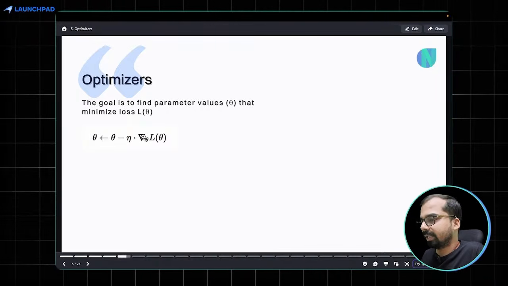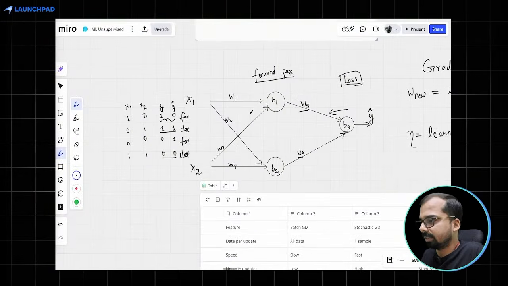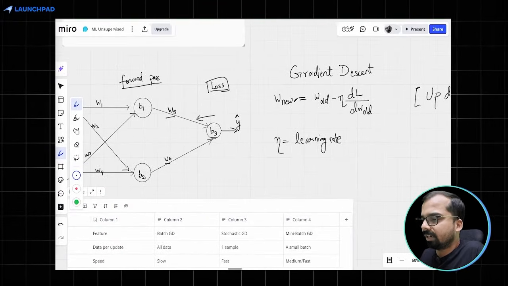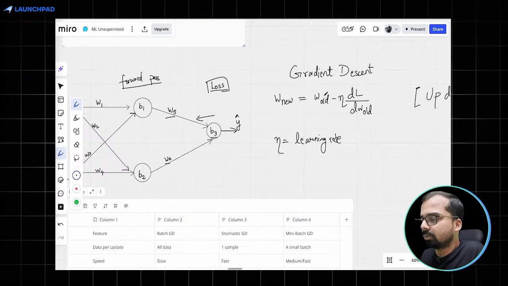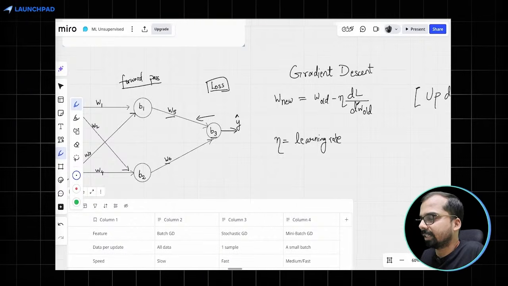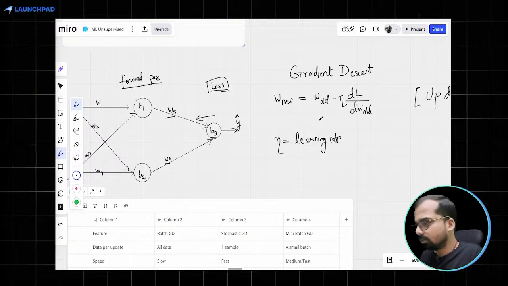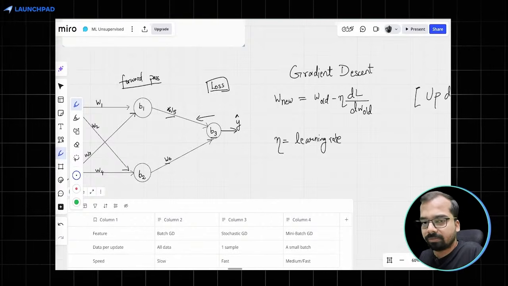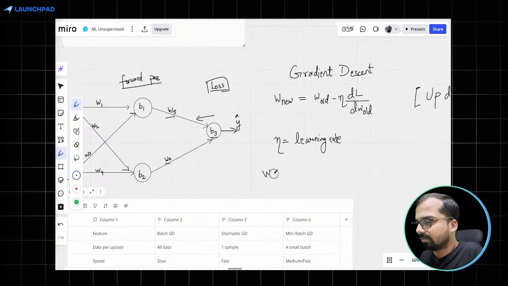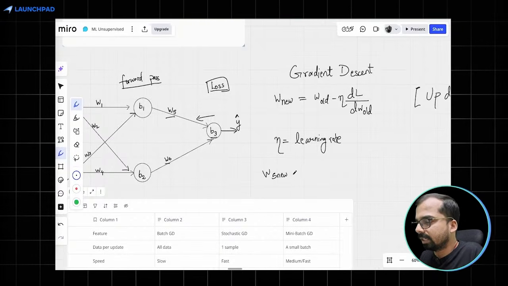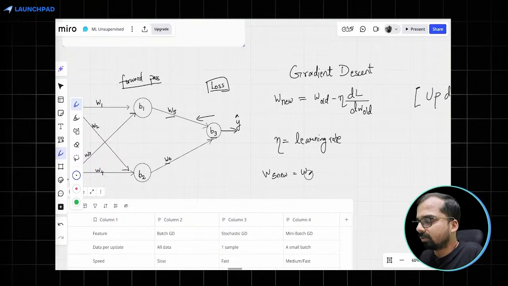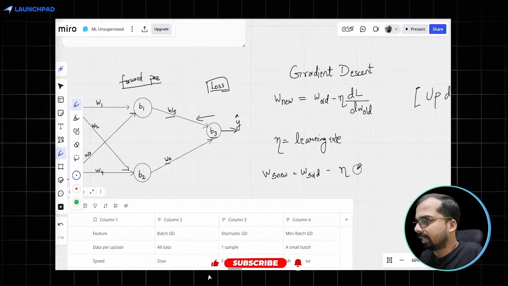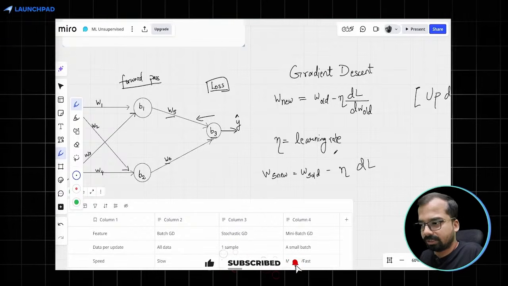So let me come over here and explain it in a much better way. Here I have written this equation: weight new is equal to weight old minus learning rate times dL by dW old. So this dW old could be, let's say I am talking about W5, weight 5. So the new value of weight 5 will be equal to the old value of weight 5 minus the learning rate times dL, the loss.